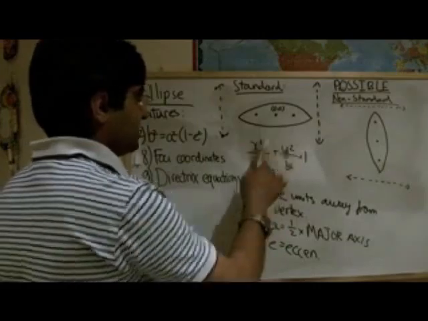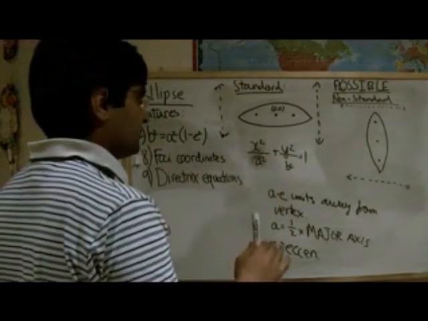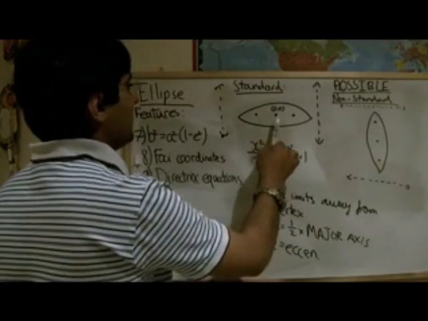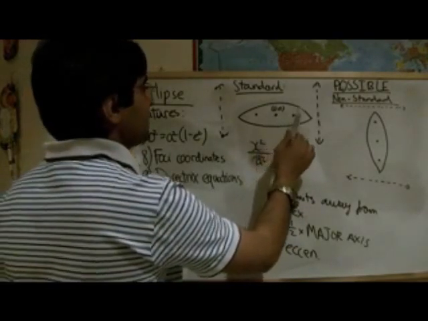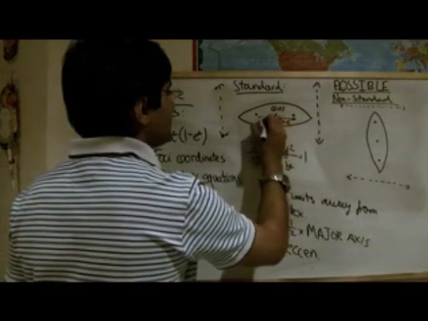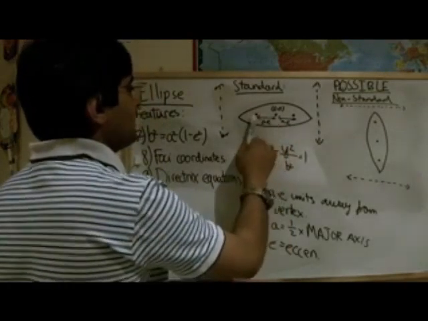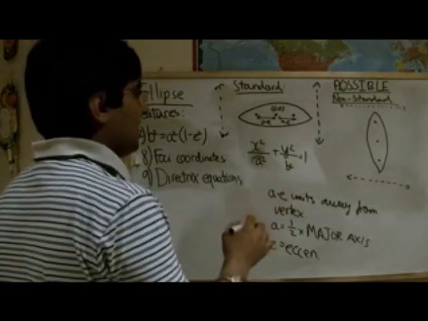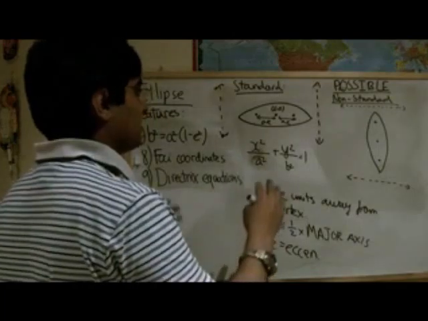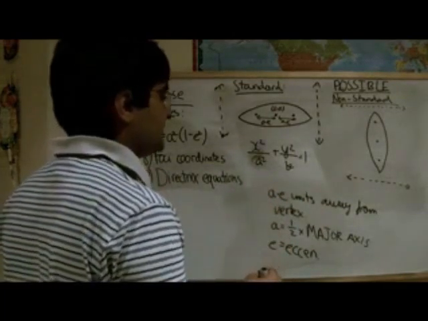So if we know what the center is, and if we know that the major axis is horizontal, then we know there will be a focus ae units this way on one side of the center, and another focus ae units on the other side of the center. There will be two foci that are equidistant from the center, ae units away from it.